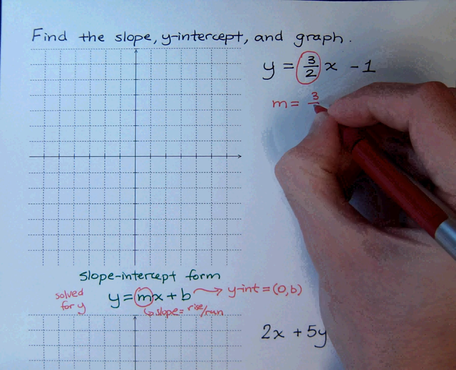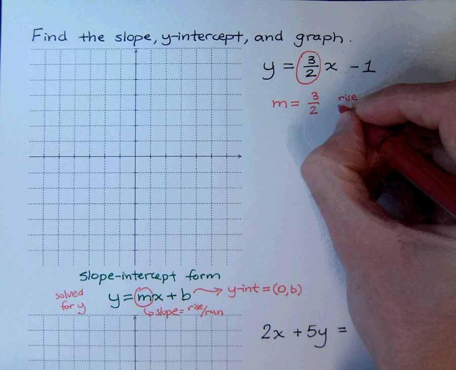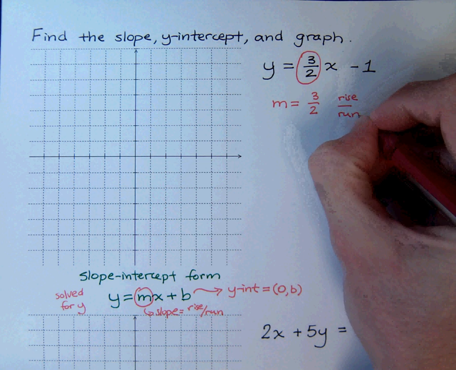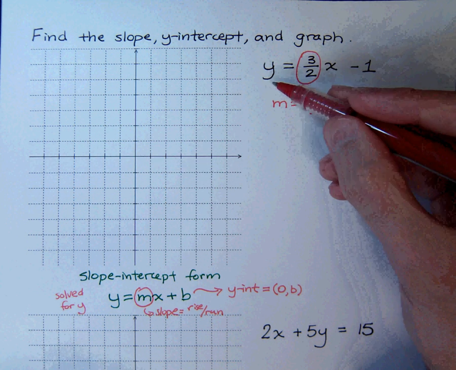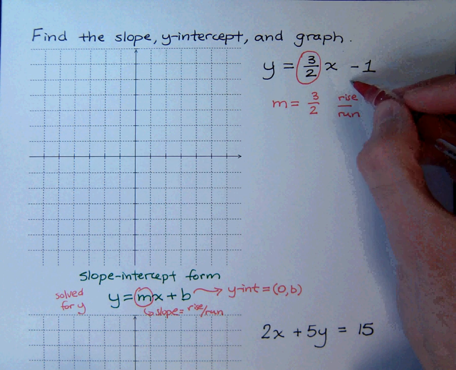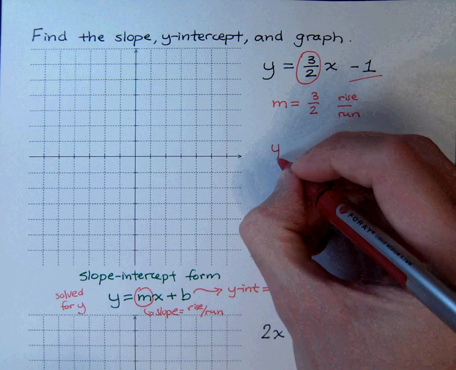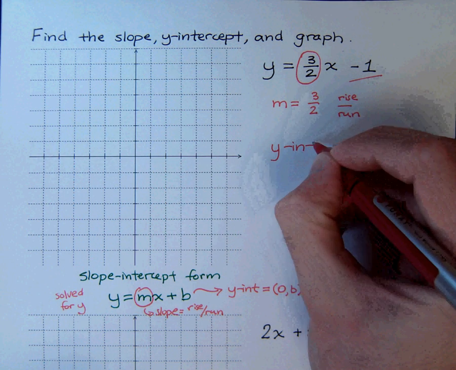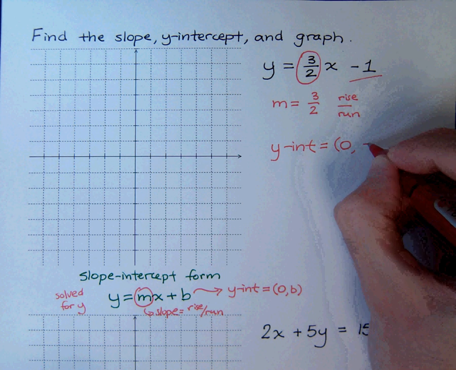So my slope is 3/2, and keep in mind that we are looking at this as the rise over the run. Well, since this is solved for y, this is your slope times x, that means this guy right here is your b. What that gives me is the y-intercept, and it gives it to me in the form (0, -1).